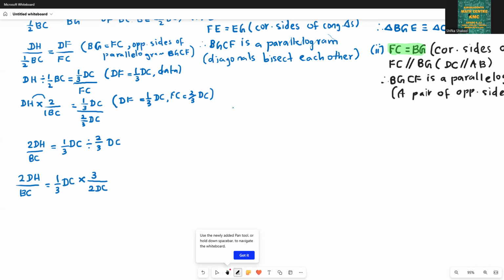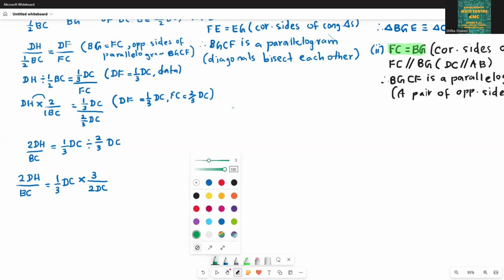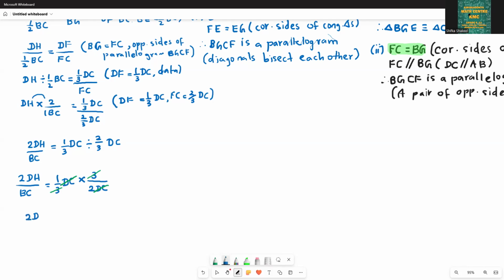Again multiplications are like scissors, we can cut off DC and DC, and 3 and 3 also. The balance part is 2DH over BC is equal to 1 over 2.